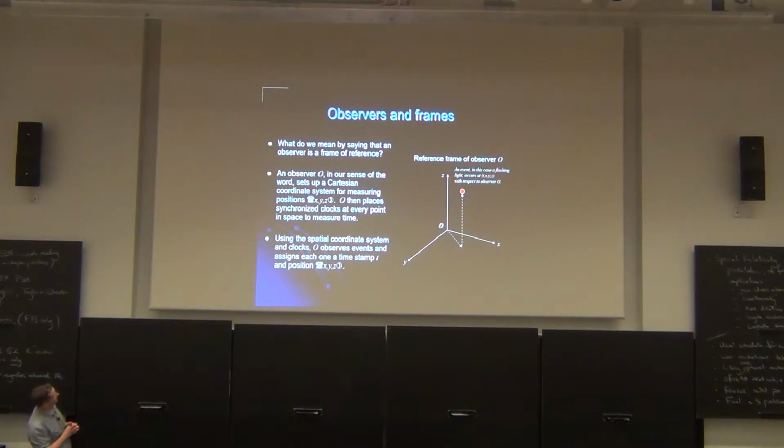Okay, so an observer sets up, let's stick with a Cartesian coordinate system, x, y, and z as perpendicular coordinates in space. And we're going to set up clocks at every point in space to measure time. They're synchronized clocks. So once we've got our reference frame, it's just a flash. Let me see if it flashes. It does.